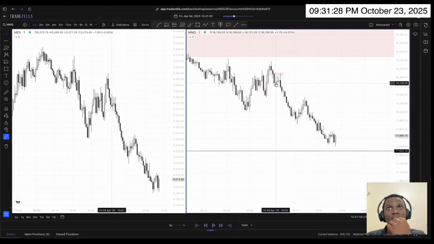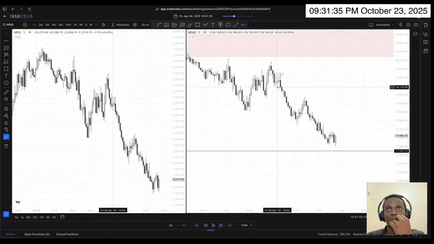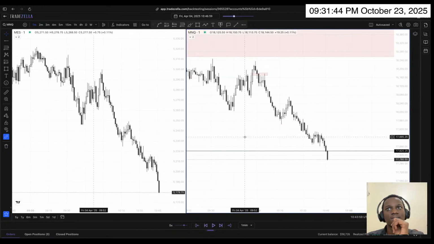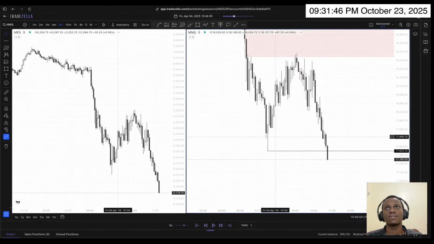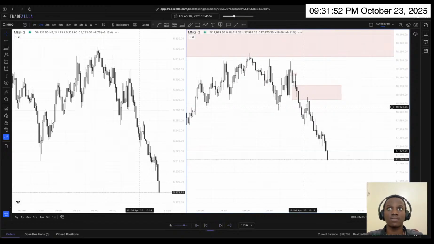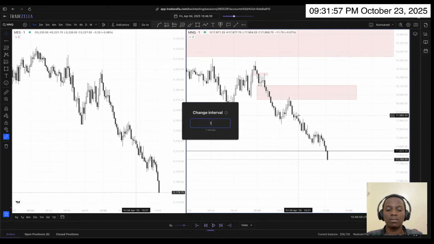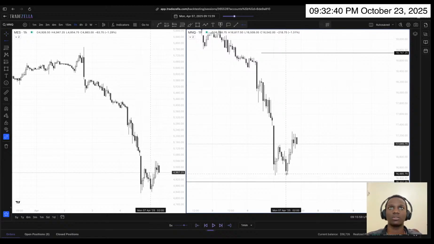I think you can sell from here to here, 100 to 20 handles. Have some relatively equal lows here.